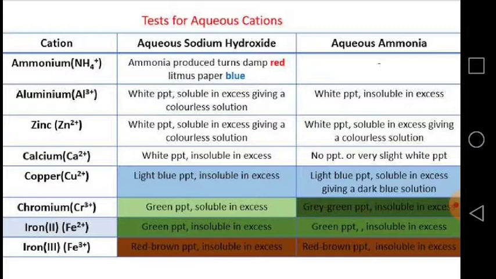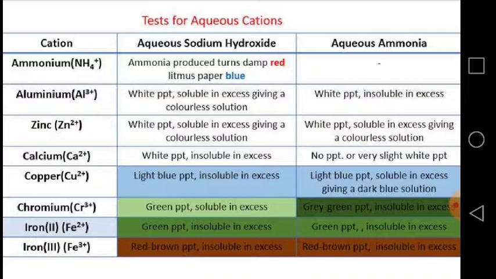Copper, light blue precipitate insoluble in excess of sodium hydroxide. Light blue precipitate soluble in excess, giving a dark blue solution with aqueous ammonia. Chromium, green precipitate soluble in excess, and gray-green precipitate insoluble in excess of aqueous ammonia.